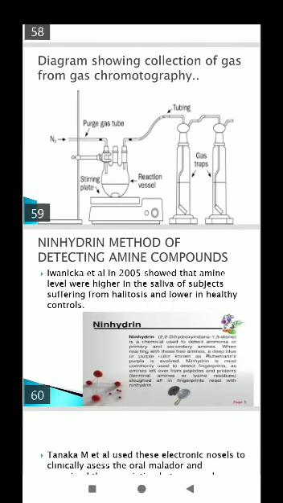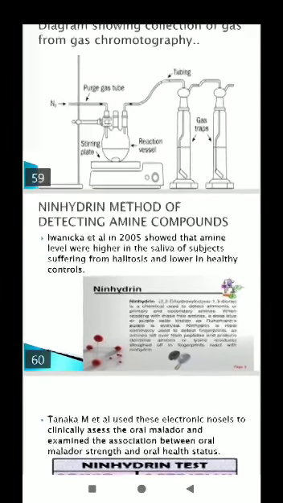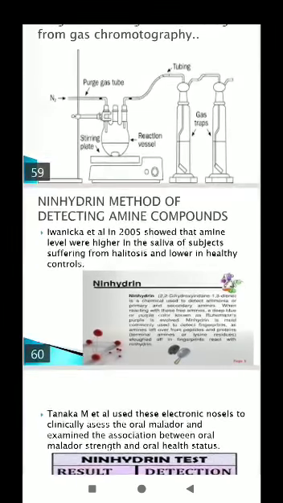The ninhydrin method of detecting amine compounds is another method, given by Ivanica et al. in 2005, which shows that amine levels were higher in the saliva of subjects suffering from halitosis and lower in the healthy control group.